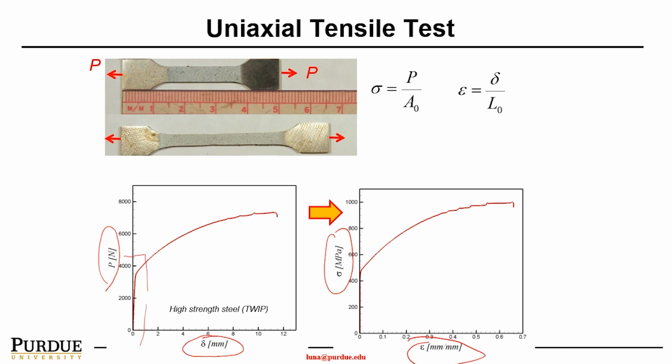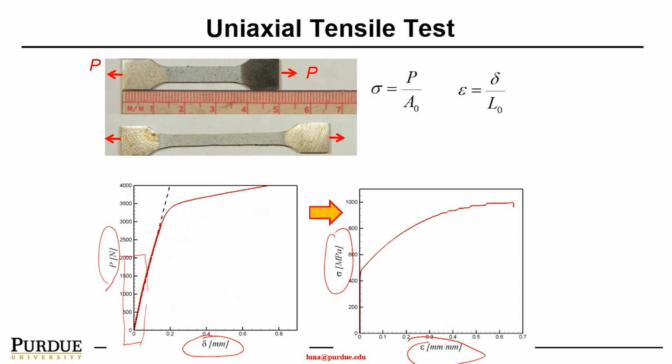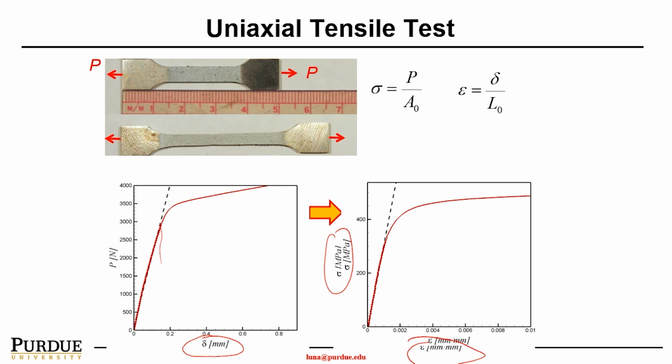What is really interesting is in this area. If we magnify that area, we would see very linear behavior at about 0.2 deformation. And if we focus on this area, as we have shown, under the stress the strain is very, very small.